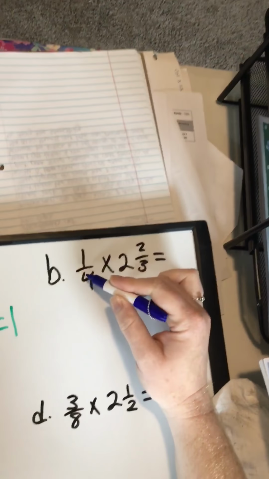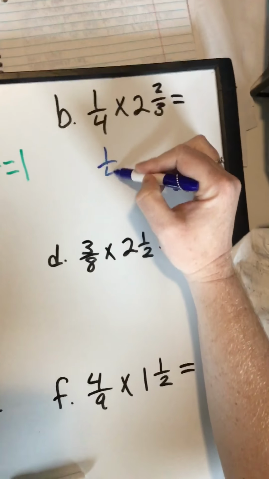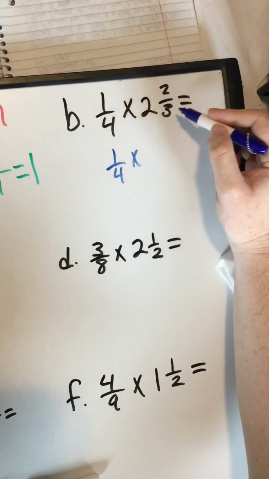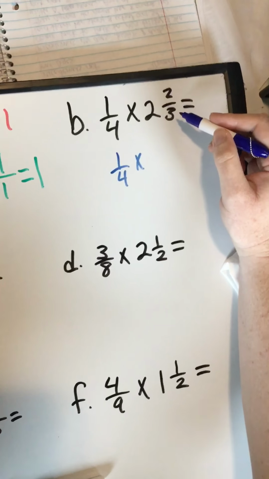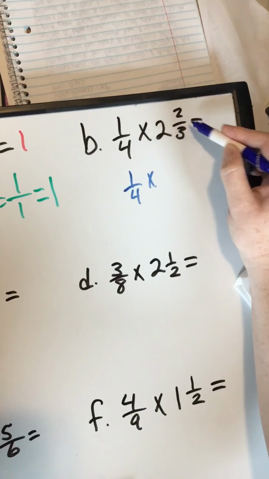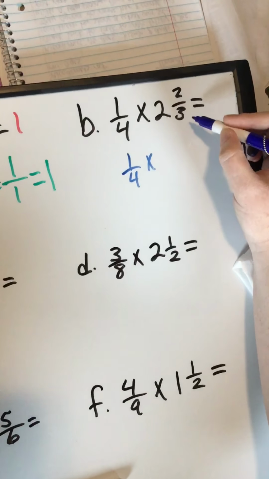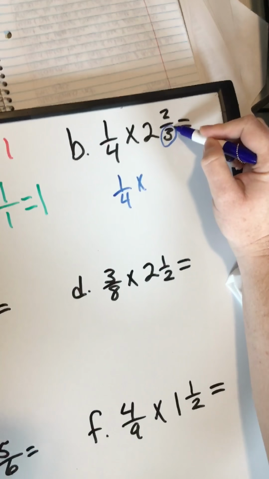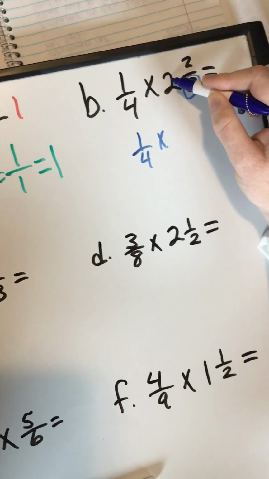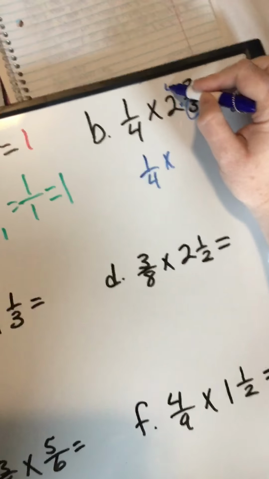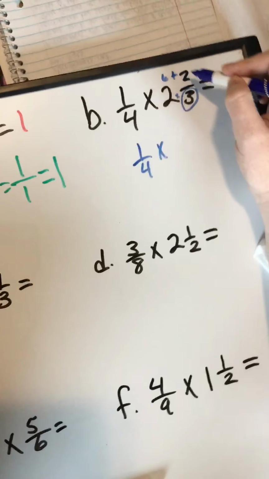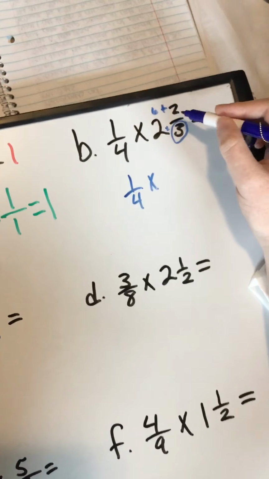There's nothing that we can do to our 1/4, so let's bring them down. Okay, now do our steps again. We change our mixed number into proper. So we take our bottom number, 3 times 2 is 6, plus 2 is 8.